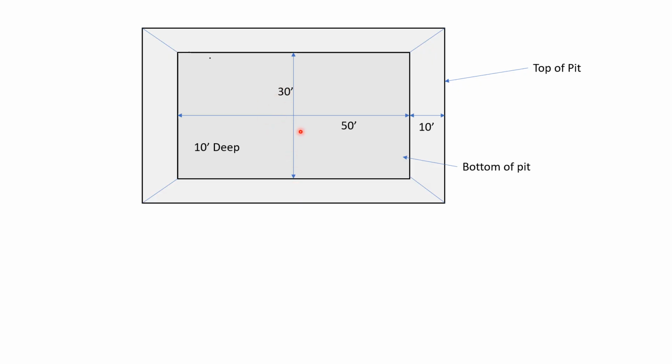So this is where a lot of people make a mistake. They just add 10. You've got to add 20 to each dimension for the top. So it's 50 times 70 is the top. And then it's just a matter of crunching some numbers, and it's 10 feet deep.